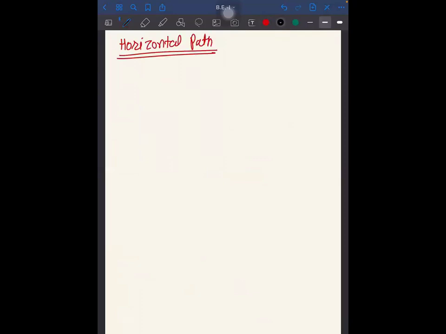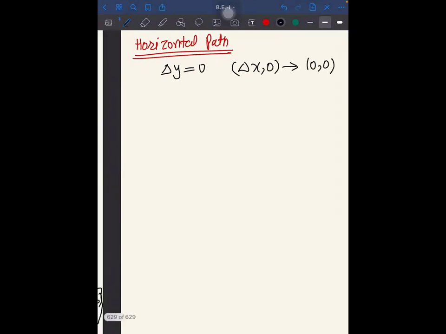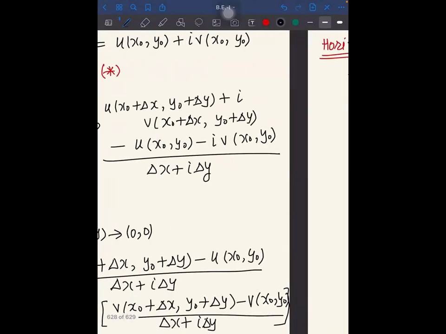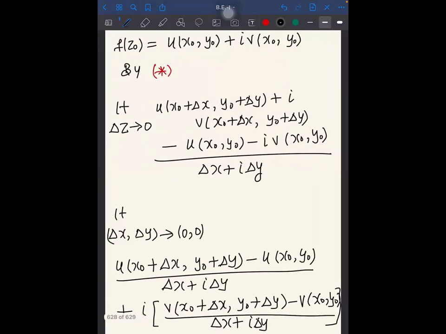In the horizontal path, I will take delta y to be 0 so that only delta x remains, and (delta x, 0) goes to (0, 0). Now in this big expression, you have substituted delta y to be 0, so here also you replace delta y with 0.